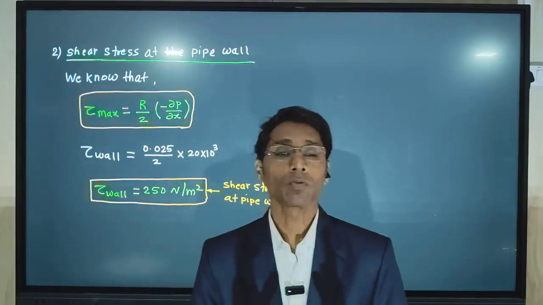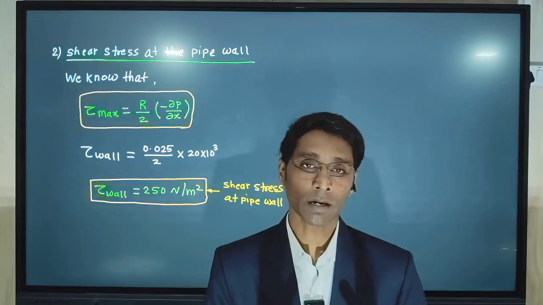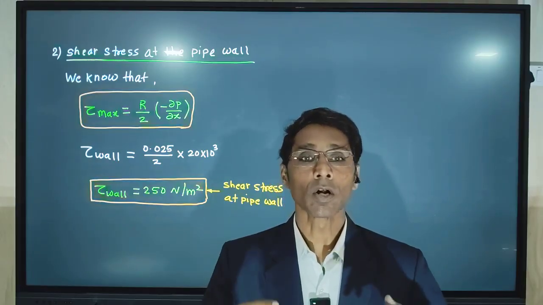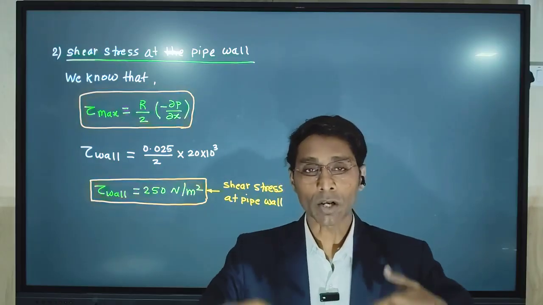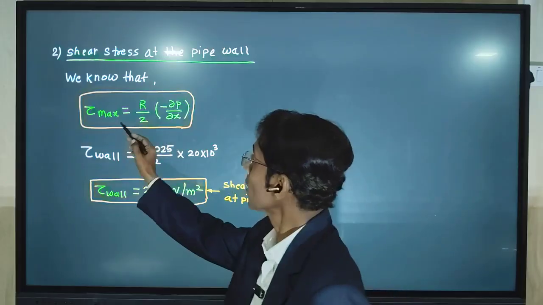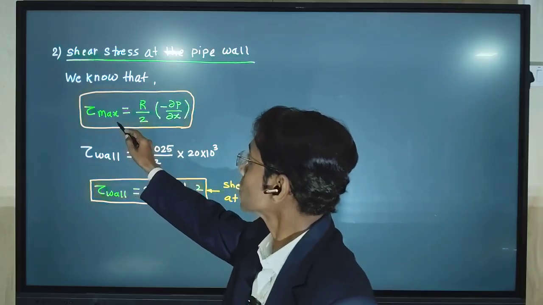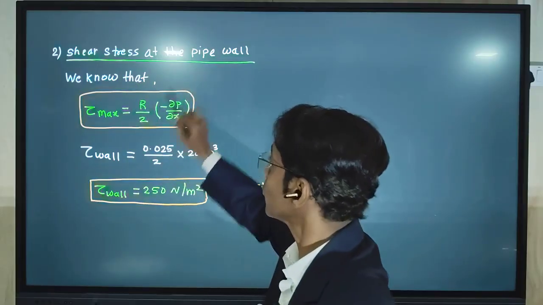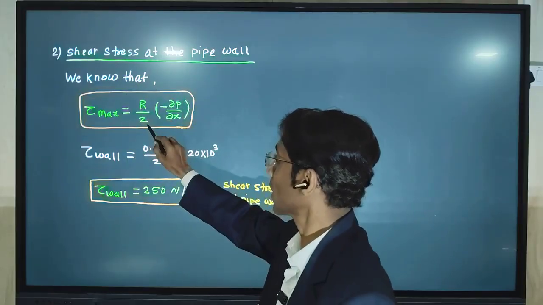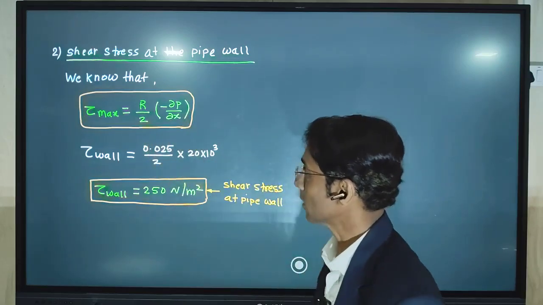Now here also from the theory, means from the derivation part of the internal flow, that is a flow of a liquid in a circular pipe, in case of laminar flow, we have relation for maximum shear stress which occurs at the pipe wall, that is capital R by 2, means radius by 2 into pressure gradient.